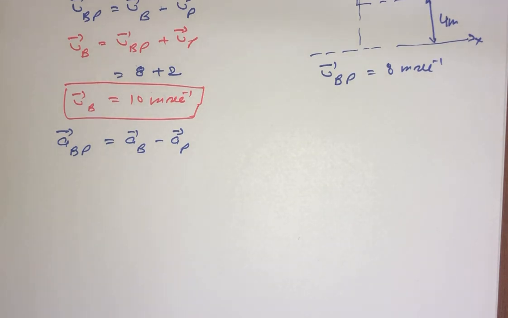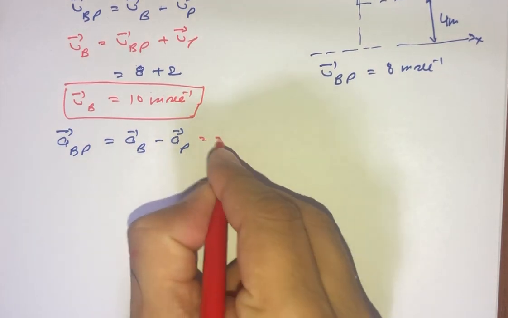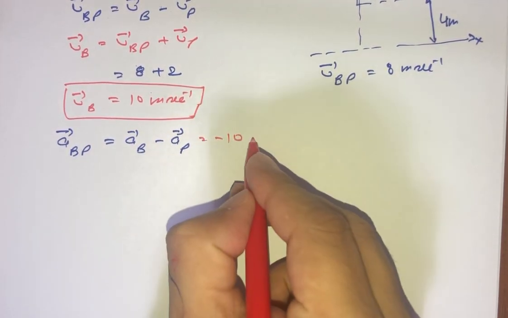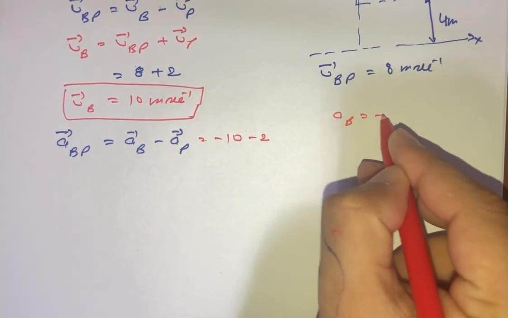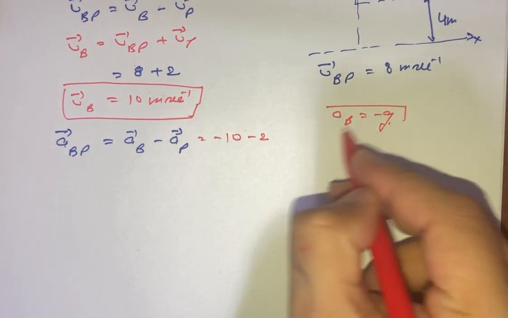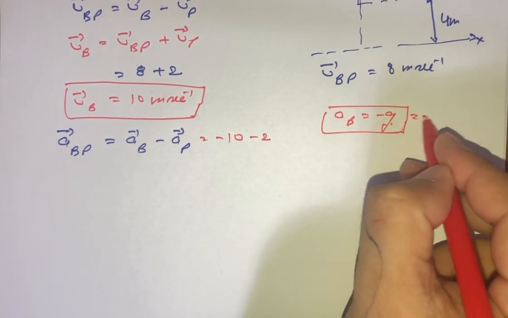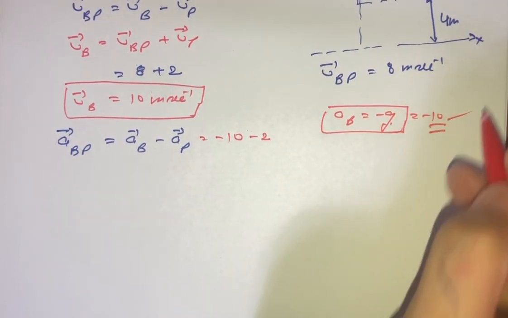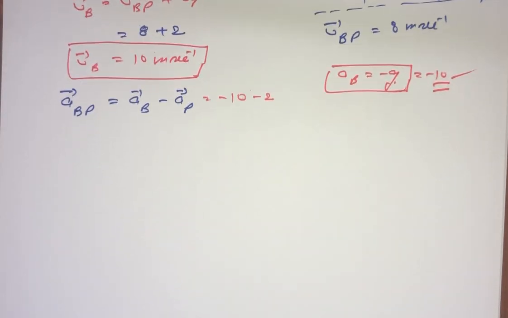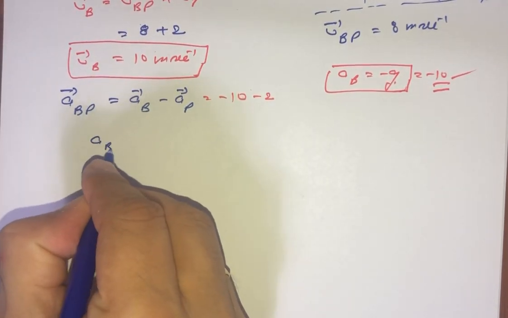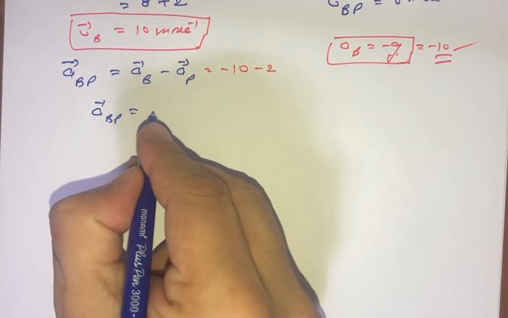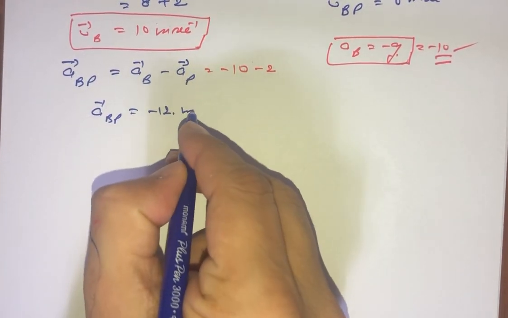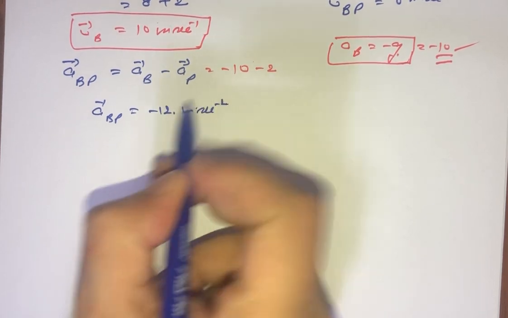Acceleration of platform is given as 2, and acceleration of ball is nothing but our g, so that is equal to minus 10. So we get the acceleration of ball with respect to platform as minus 12 meter per second square.